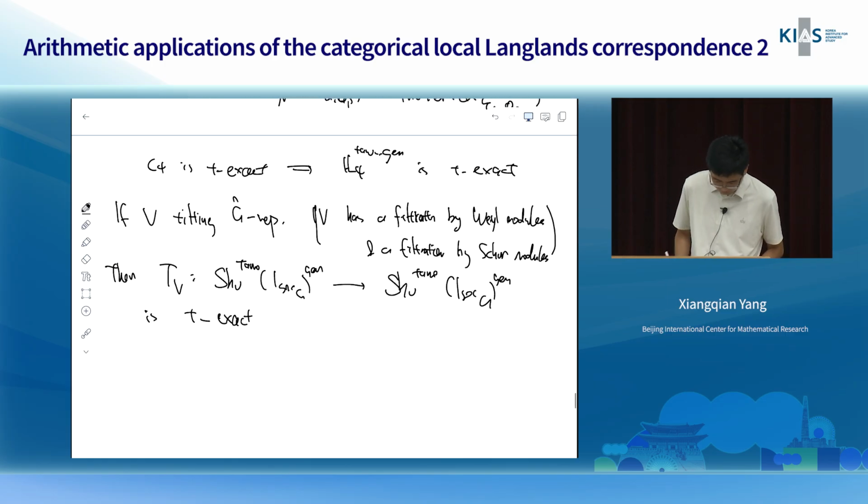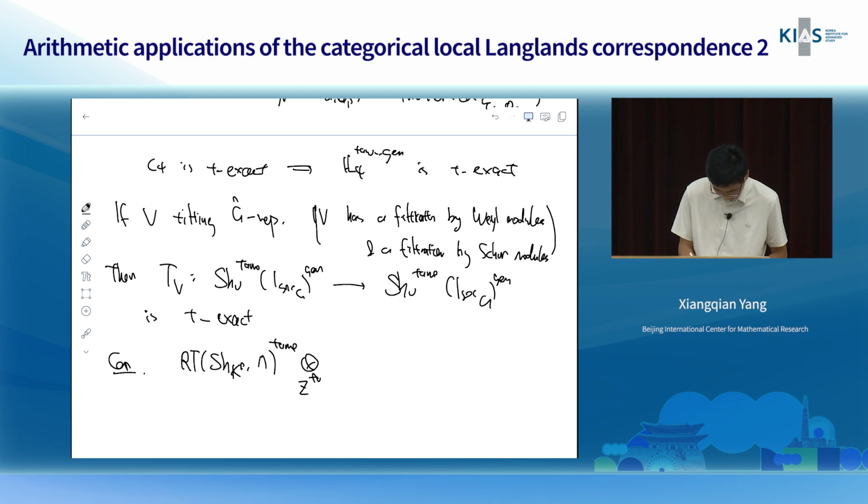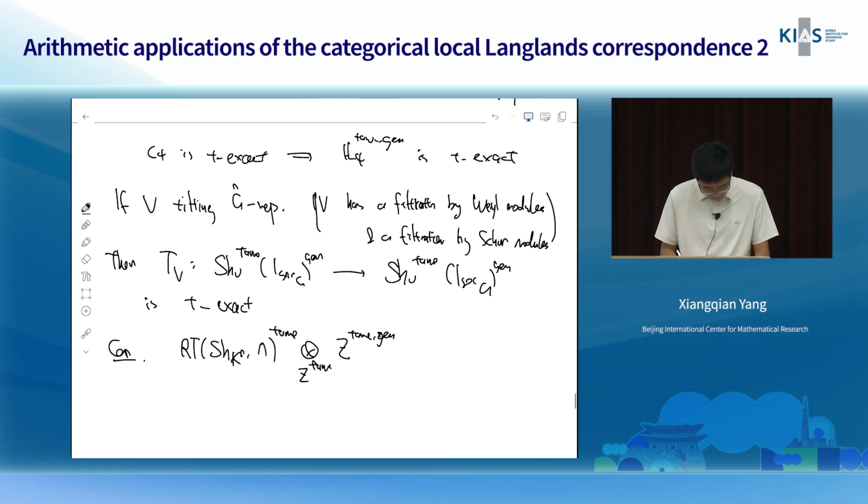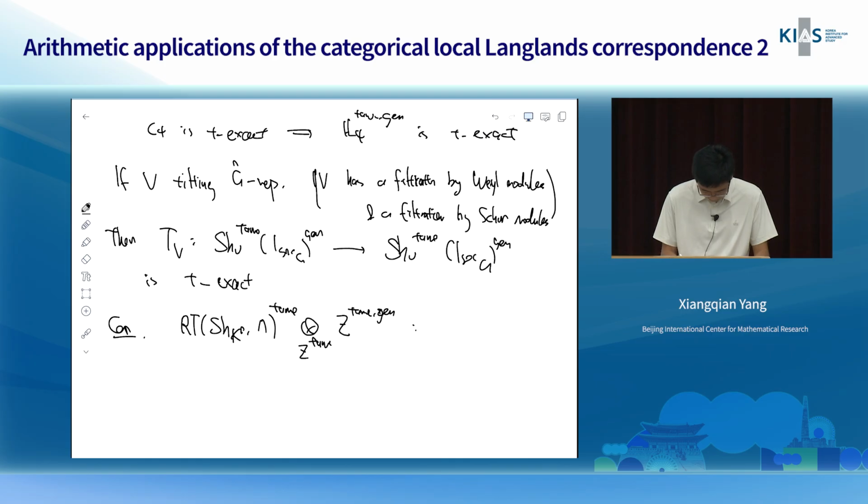And as a corollary, we know that the cohomology of a Shimura variety, if we take the tame part and then tensor over the spectral center with the spectral center tame generic, so this is just a subspace where the Hecke action is generic, then this is in degrees d to 2d.